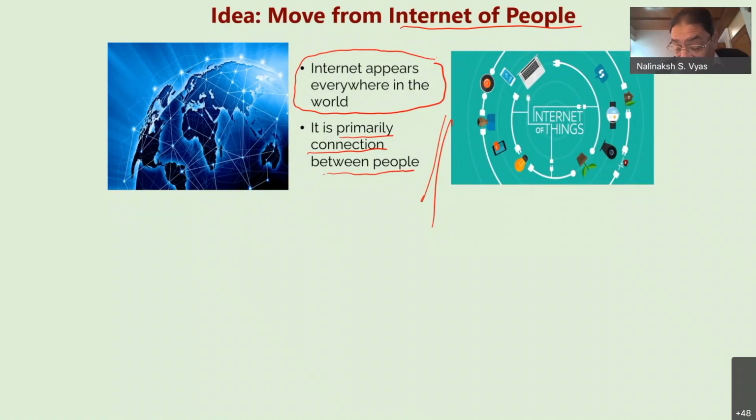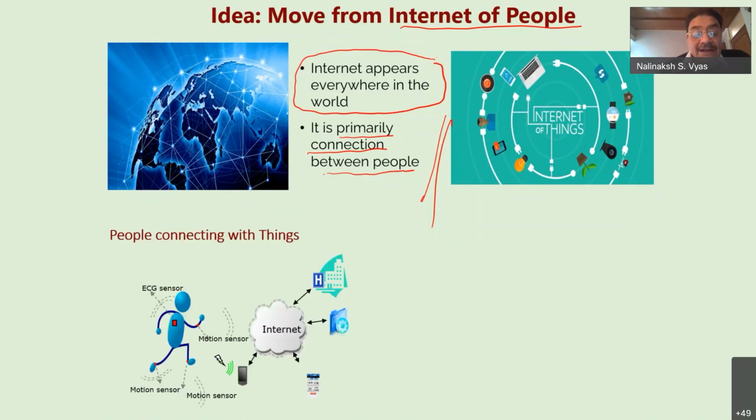Or a chair here on which I am sitting starts talking to another table in Timbuktu through the internet. So if the table says something, the chair starts moving here. That is what is meant by Internet of Things.